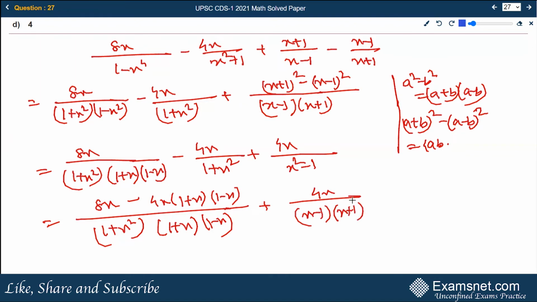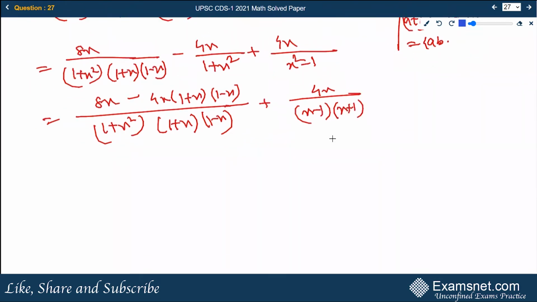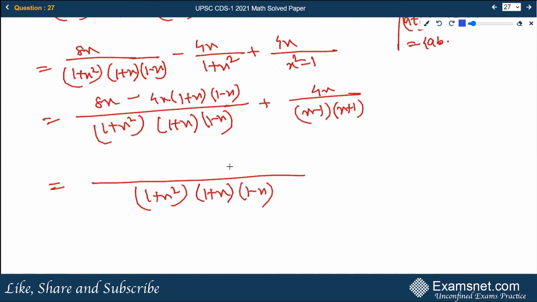It will help us in the next steps. So now let's do the LCM for all the terms: 1 plus x times 1 minus x. So it will be 8x minus 4x times 1 minus x square.